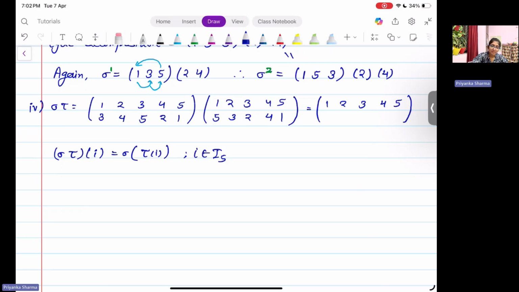So on any I, first we will apply this tau, and then we will apply sigma. Okay. So this is sigma, this is tau.